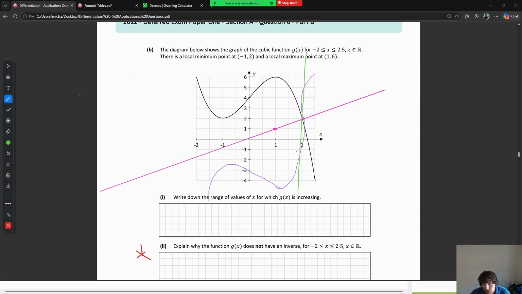You could explain this to the examiner as well: if you mirror this and you draw a vertical line here, you're going to hit it twice around the 2 value, where there looks to be an issue. Okay, and the technical definition for when you can get an inverse, see how it's related in your book, is that it usually has to be bijective, okay, being both injective and surjective.